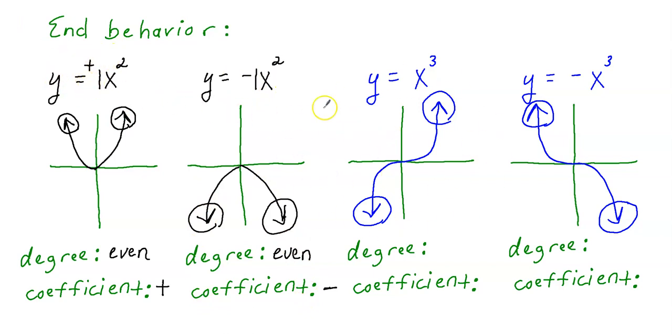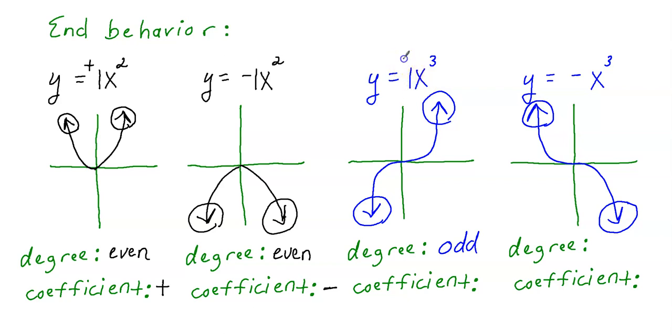Now let's look at this one. What's the degree of this particular equation, y equals x cubed? Well, in this case, it's just the exponent itself. It's 3. So it's degree 3. 3 is odd. So this is going to be odd. It's an odd degreed polynomial. And again, the leading coefficient is 1.